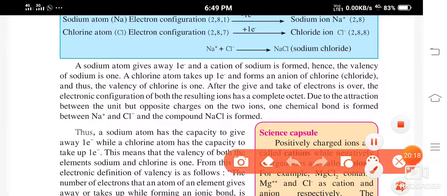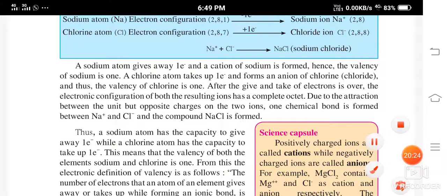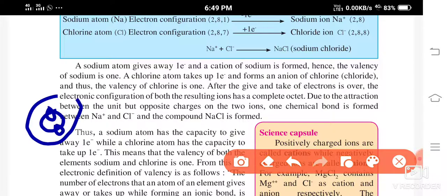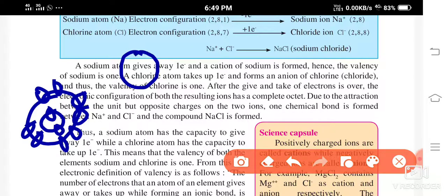Everything went away. Doesn't matter. I'll show you. Now in sodium, it was 2, right? Now see, the outermost electron which was there was given away, right?